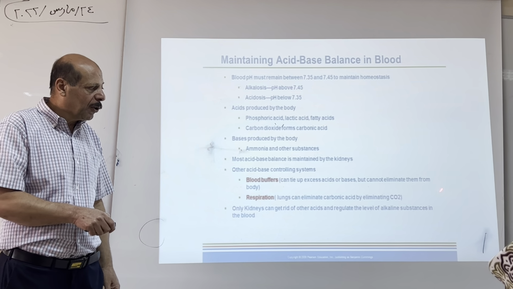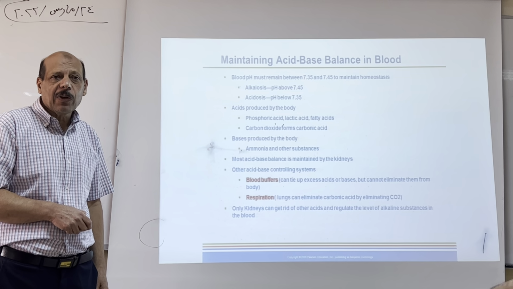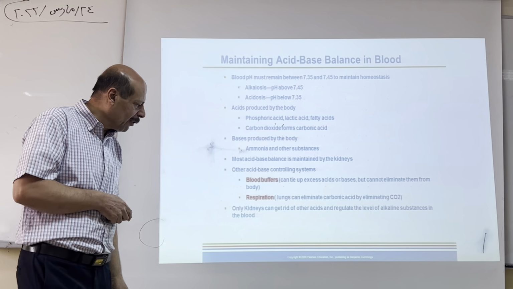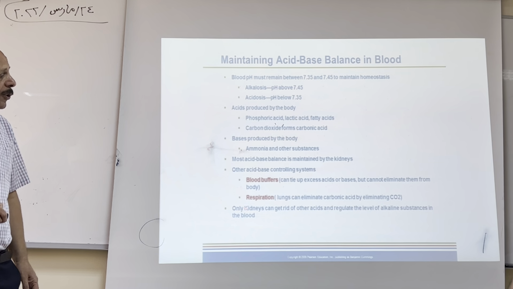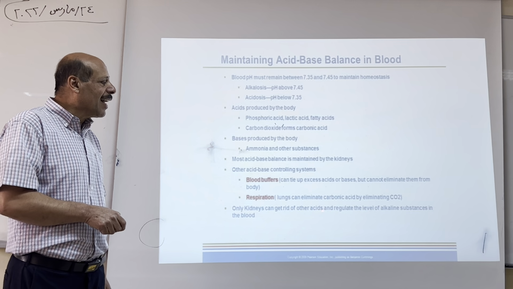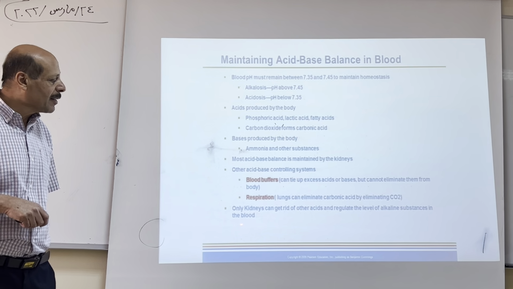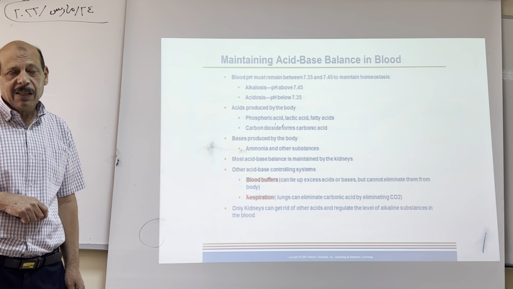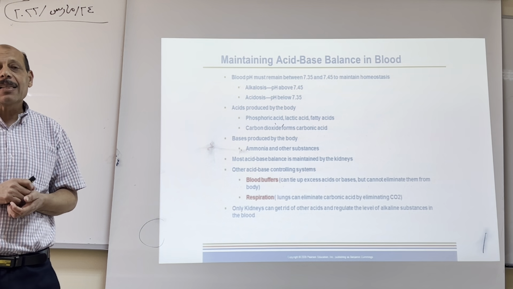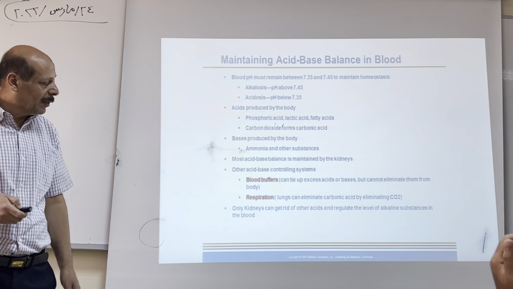If the amount of CO2 is more, it will lead to what we call respiratory acidosis. There is respiratory acidosis and metabolic acidosis. Only the kidney can get rid of other acids and regulate the level of alkaline substances in the body, and by that it regulates the acid-base balance.